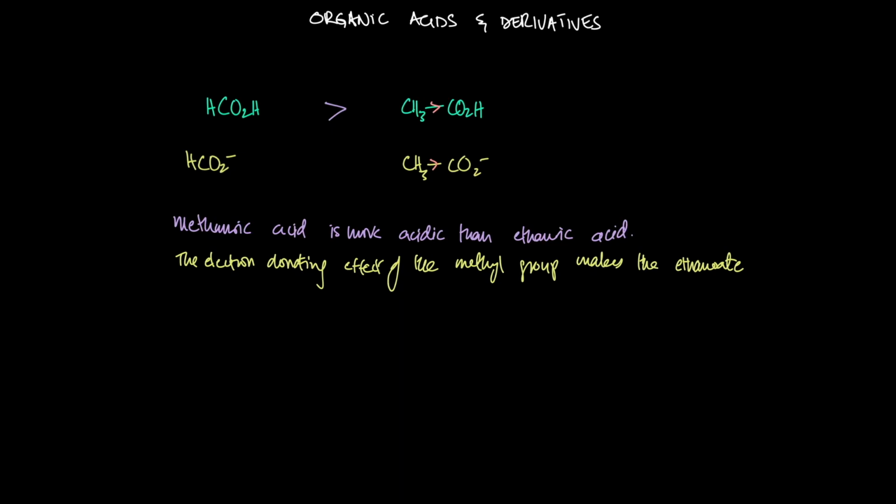We're comparing the conjugate bases. Ethanoate ion less stable than the methanoate ion. Okay? And again, the more stable the conjugate base, the stronger the acid.